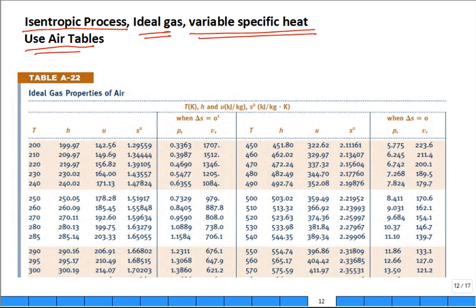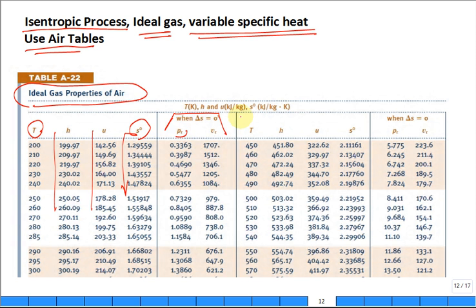So just a reminder, here are your ideal gas properties for air. As a function of temperature, you have enthalpy, internal energy, and s naught, that low pressure entropy value. And then you have these extra two columns. They apply only when delta S is 0, isentropic.